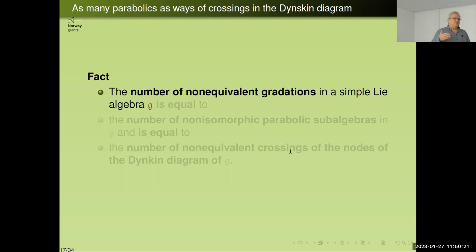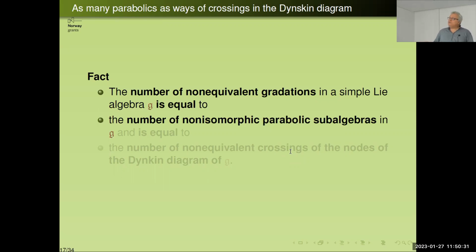And now you may ask how many of these gradations a given simple Lie algebra has, and the fact is as follows: the number of non-equivalent gradations in a simple Lie algebra is equal to the number of non-isomorphic parabolic subalgebras in G.